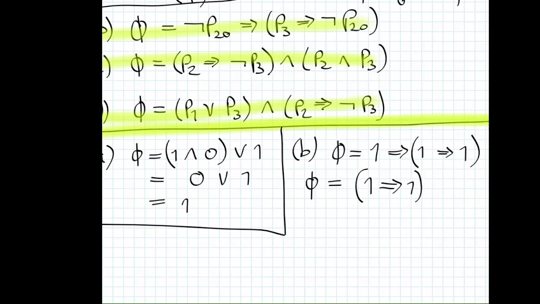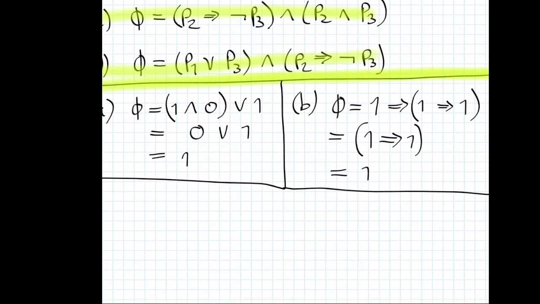We can simply look at this area and ignore this one, because we know whichever comes from here will be the resulting set. So again, we have a 1 implying 1, the 1 will reside, and the result will be 1.